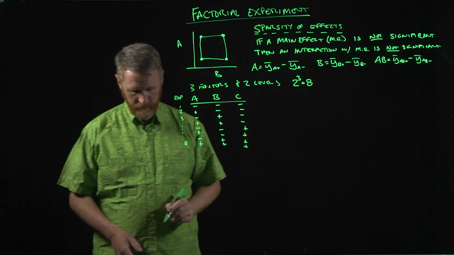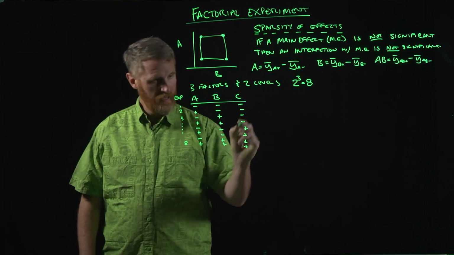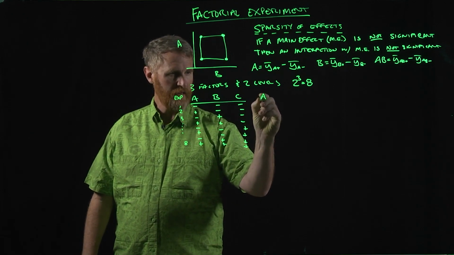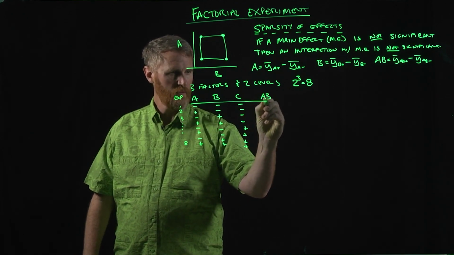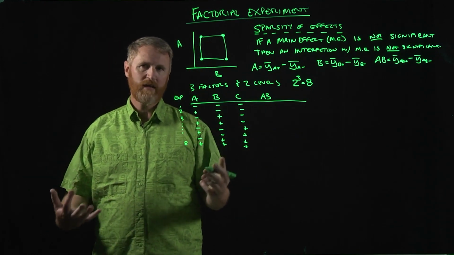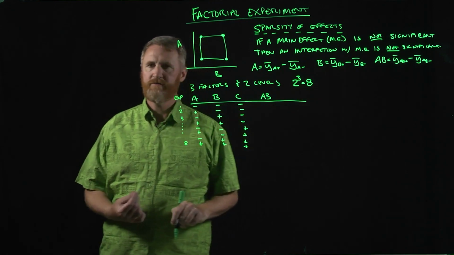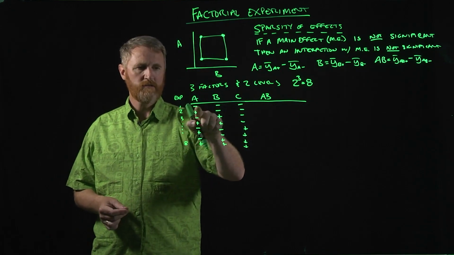Okay? Now, if I'm going to take a factor AB, which is the interaction effect between A and B, then the way I would calculate what that level is, from this type of equation, well, I just multiply the two.